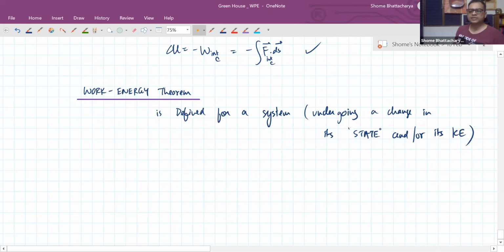So that's what we mean by saying undergoing a change in its state or its kinetic energy. Okay, so it is defined for such a system acted upon by some external force, and or some non-conservative force.